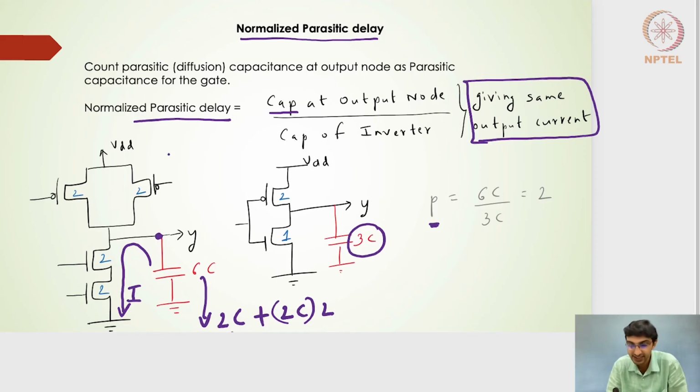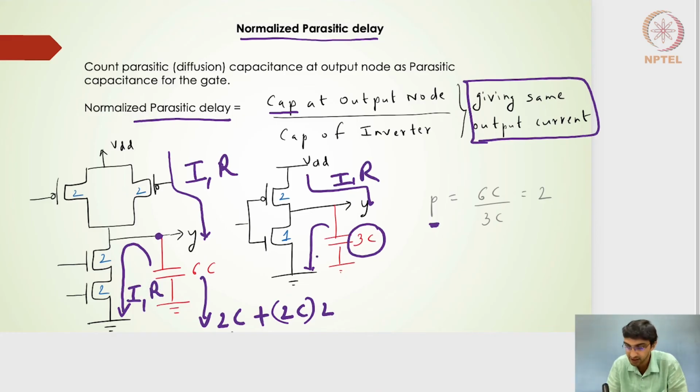While it is rising, it should have the same rising current of I, which is the same as the inverter's rising current I. So if I have the same rising current, the rising resistance is R, and of course the falling resistance will be R. So that's what the definition is.